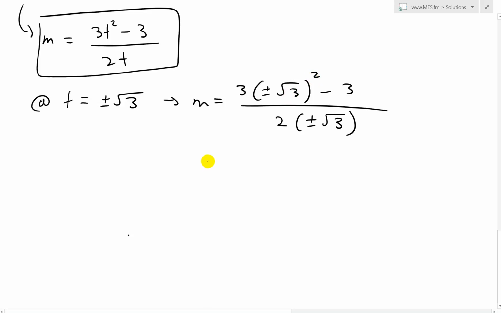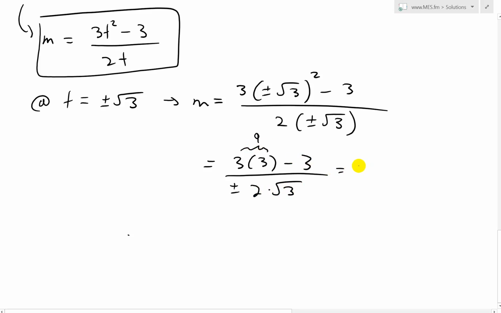So this equals 3 times 3 minus 3, and 3 times 3 is just 9, over, now we can move the plus or minus out here, plus or minus 2 times square root 3. So 9 minus 3 is just 6.